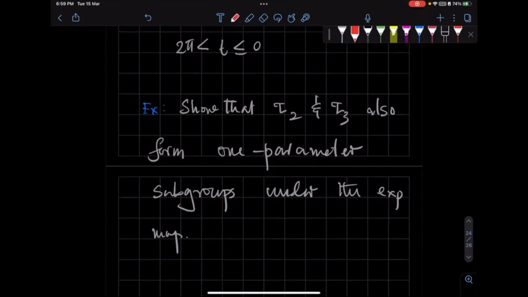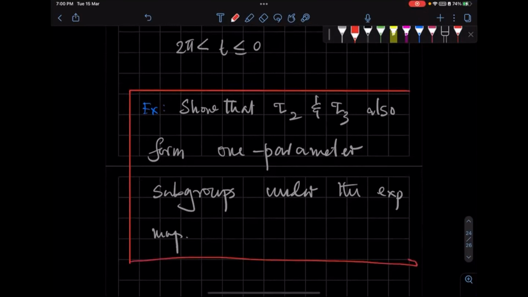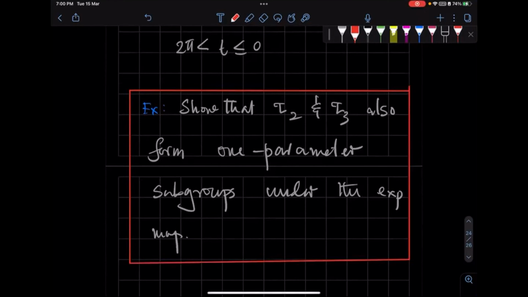So this is your exercise. Okay, so I'm going to end here. Because it's midterm, I'm not going to take attendance. If you have any questions, let me know, but the class is officially over.